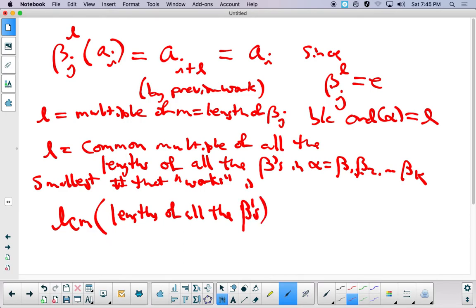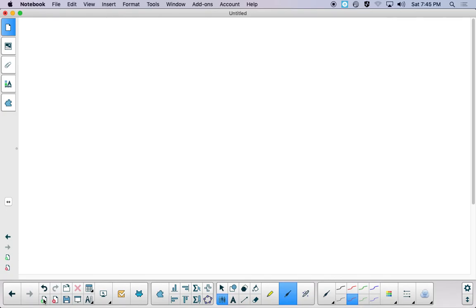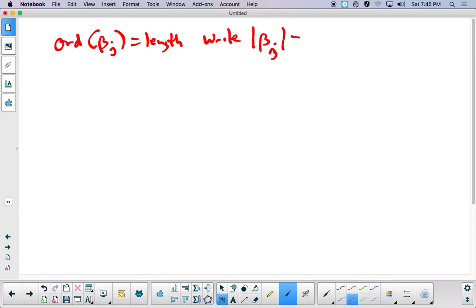Well, what this obviously means is that we need to have some decent notation for conveying such things. We've discovered that the order of a particular cycle is just its length. And what we're going to do is write beta sub j inside absolute values for the length of beta j. And that happens to also be the order of beta j.